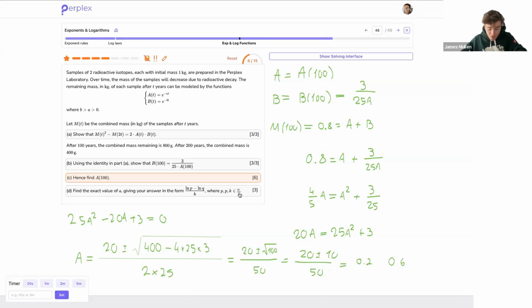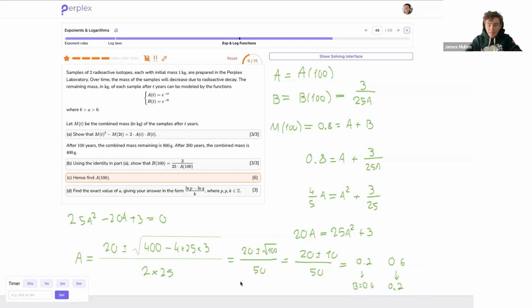Now, the question is, which one of these is the answer? This is probably the hardest part of the question, to realize that the total mass after 100 years of A plus B is supposed to be 0.8. So if this is the mass of A, then that would mean that B has a mass of 0.2, or the other way around.